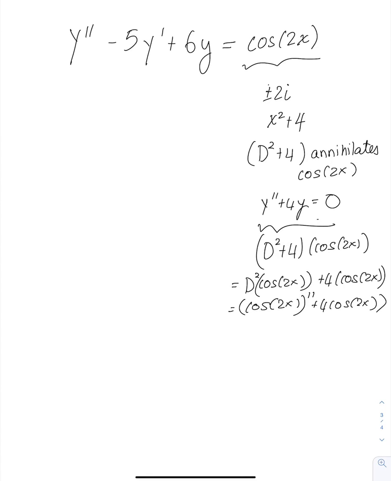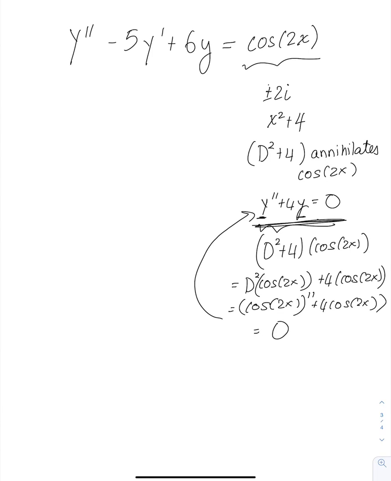Because cosine 2x is a solution to this, you plugged in cosine 2x in place of y over there, so you should get 0. Okay, I'm explaining more over here because we've just seen one right now and it's been a while.